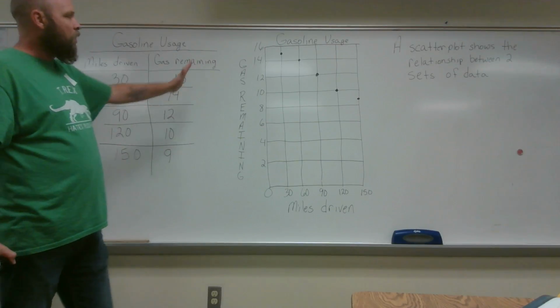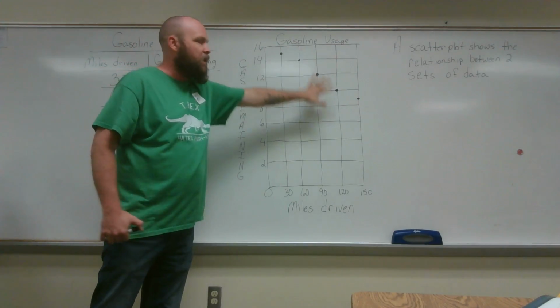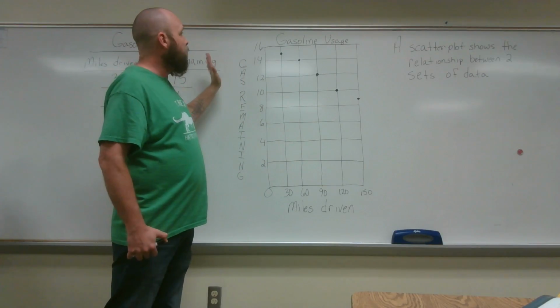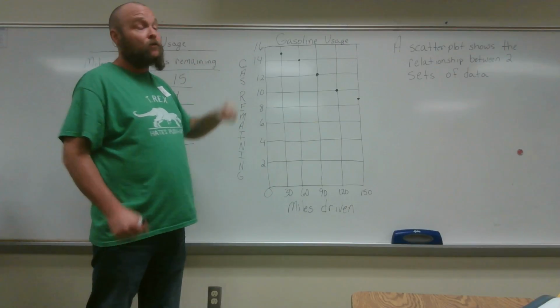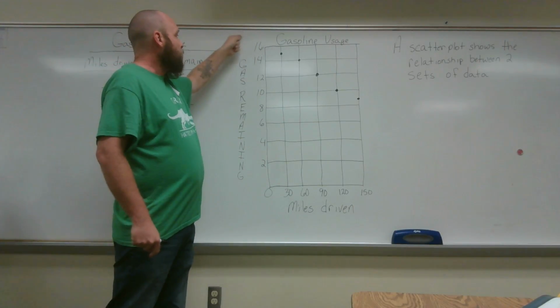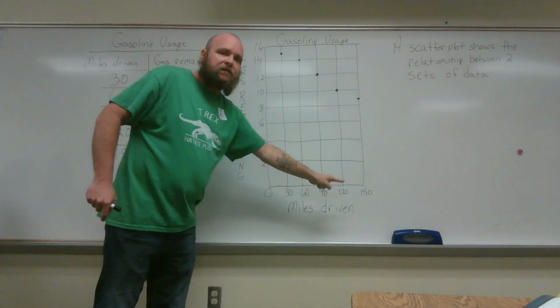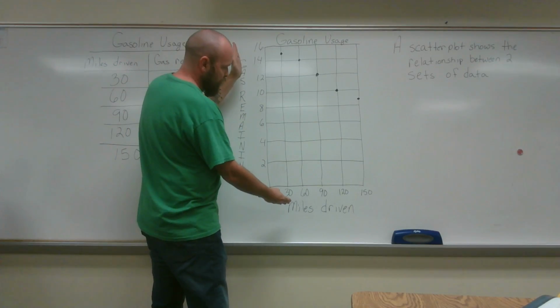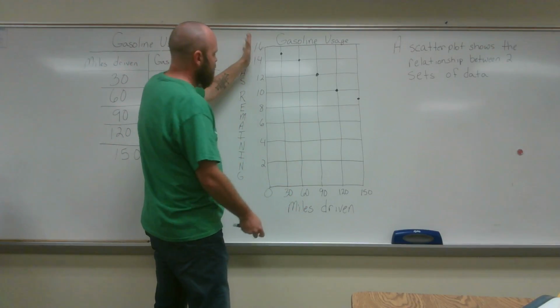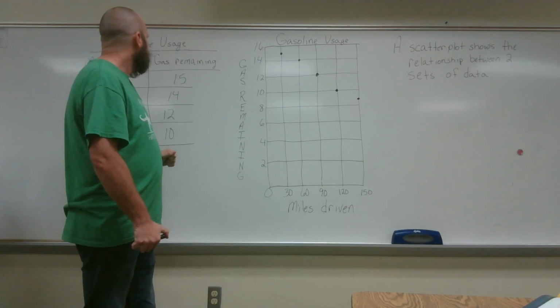And so a scatter plot shows this information on a coordinate graph. The difference is that each axis is going to have a title on it, so you know you're finding the correlation or the relationship between miles driven and gas used.